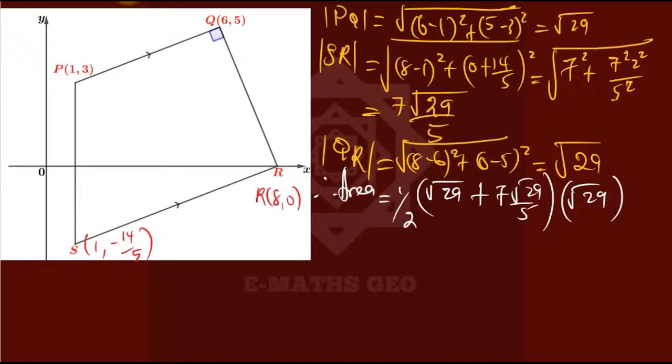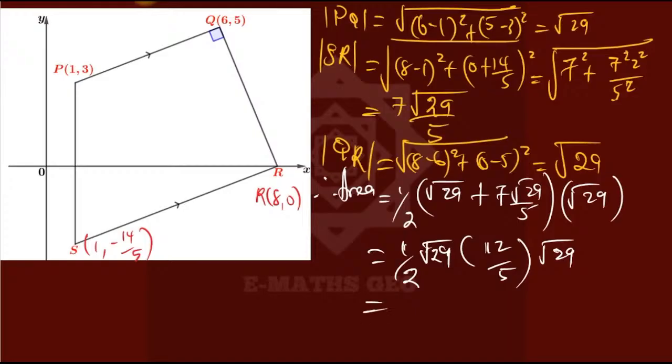And if you need to, you can factor the square root of 29 in both. If we factor it, we are left with 1 plus 7 over 5, and 1 plus 7 over 5 is 12 over 5.